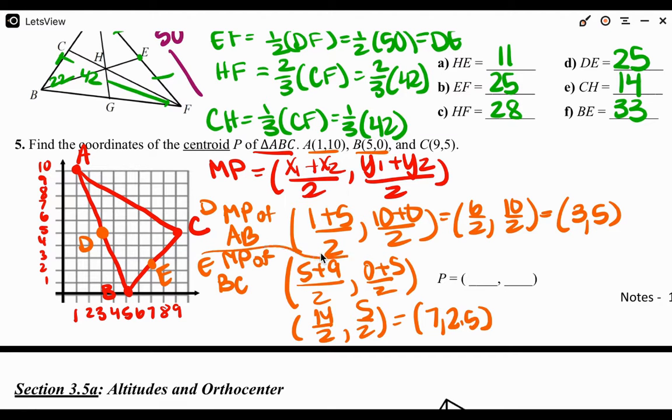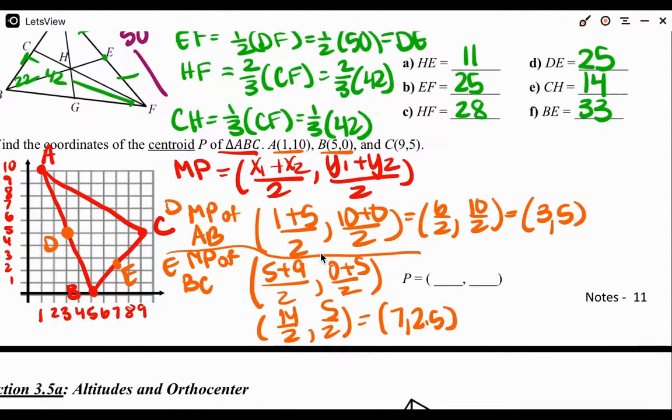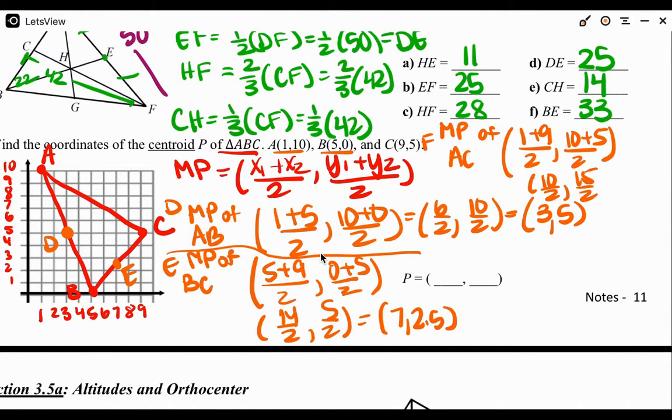So let's call this F, the midpoint of AC. So using points A and C, we have 1 plus 9 over 2 and 10 plus 5 over 2. So we have 10 over 2 and 15 over 2. And finally, we have 5 and 7.5.